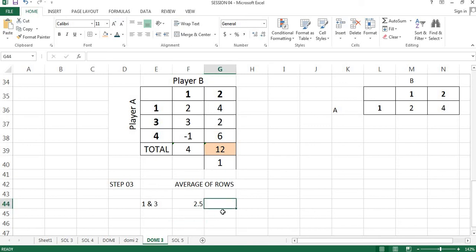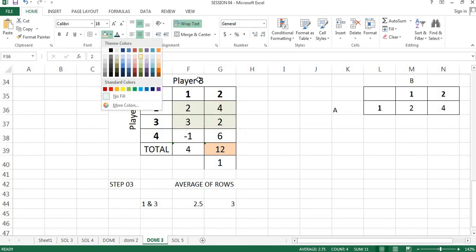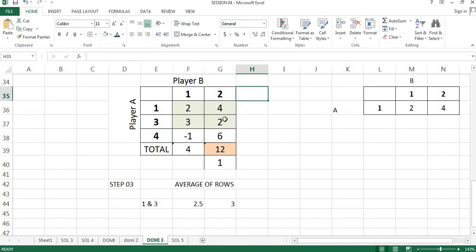Then it is (4 plus 2) divided by 2. So the answer is 3. So compare these. Okay, this average I have taken, so I should compare this with the fourth row. 2.5 is greater than minus 1 and 3 is less than 6. So not possible. Go for the next.